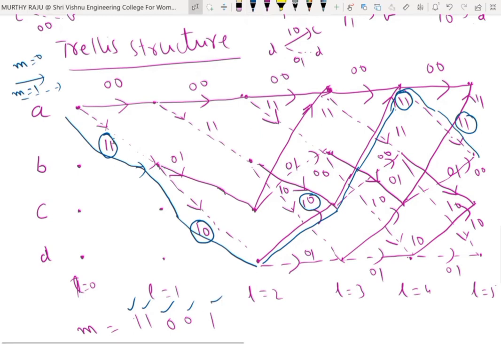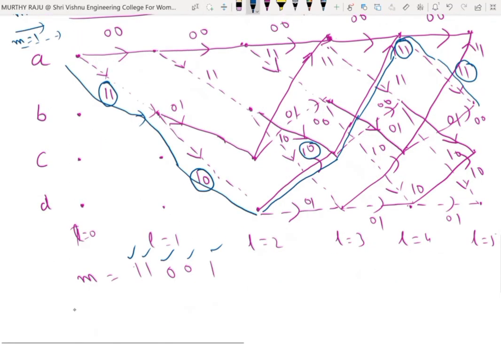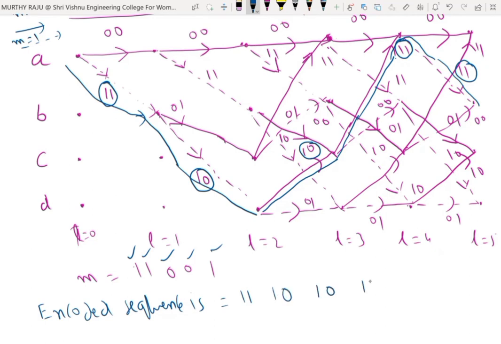These are the bits inside that circle. The bits are output bits. Length is n, where n is the number of outputs of the convolutional encoder. Therefore, the encoded sequence is 1, 1, 1, 0, 1, 0, 1, 1, 1, 1.